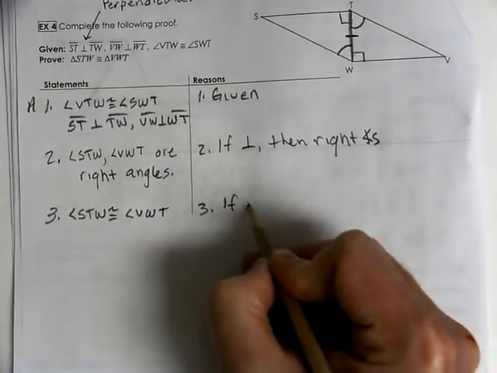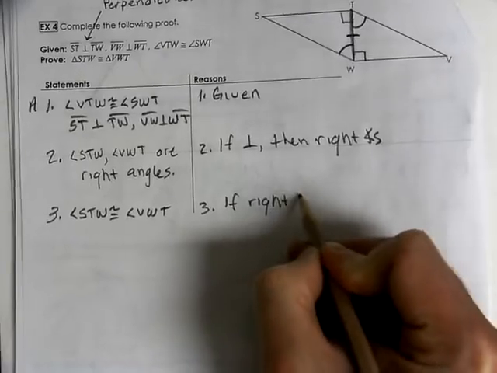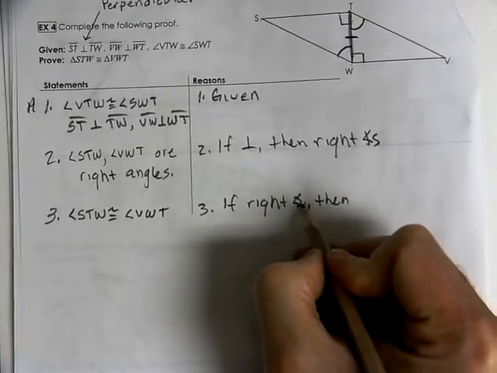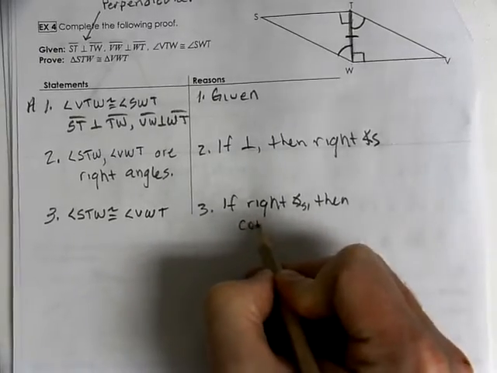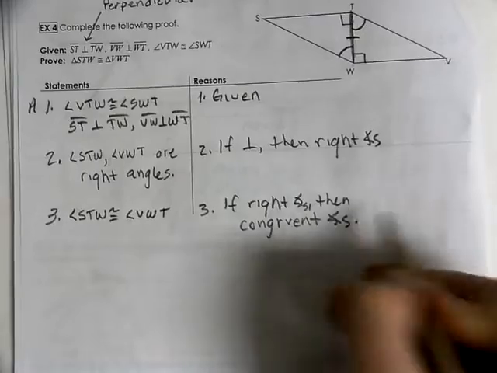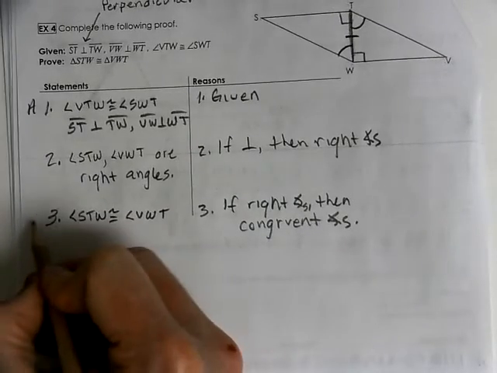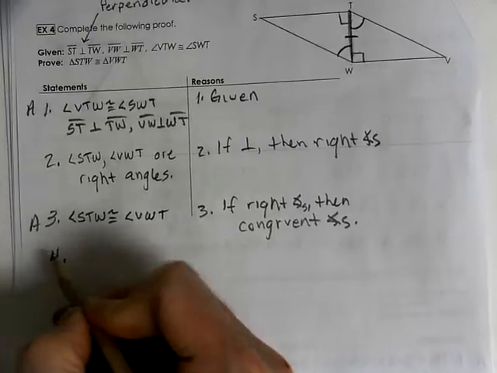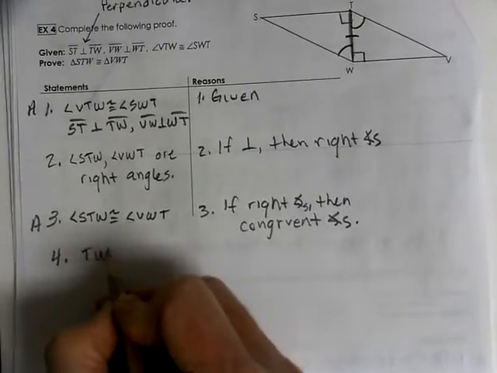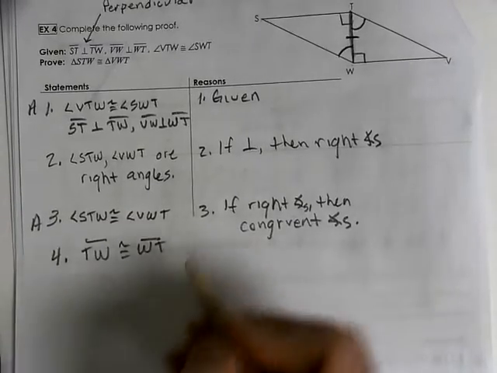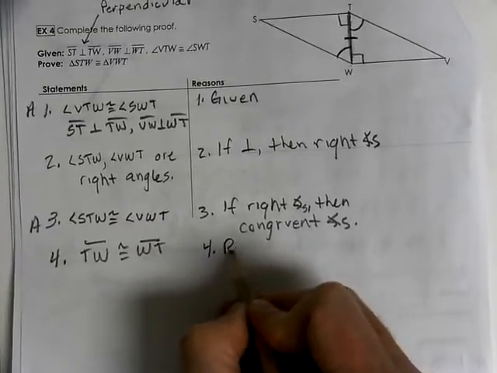So if right angle, then congruent angles. Our next step could be to show the reflexive property.